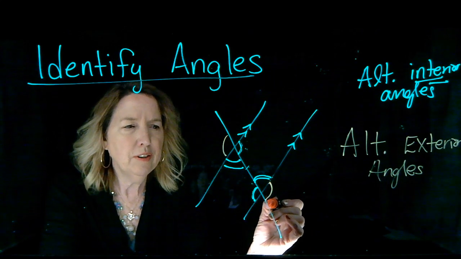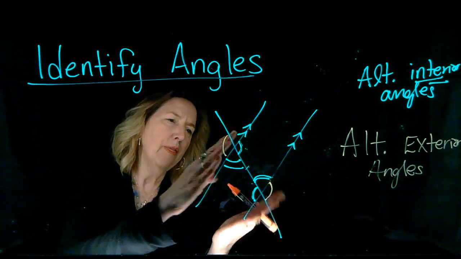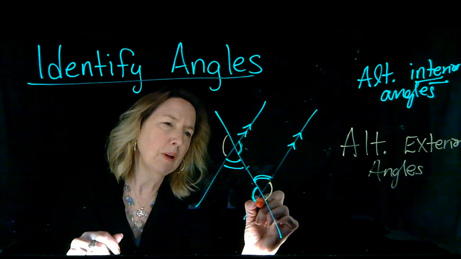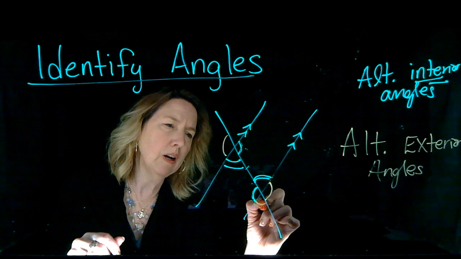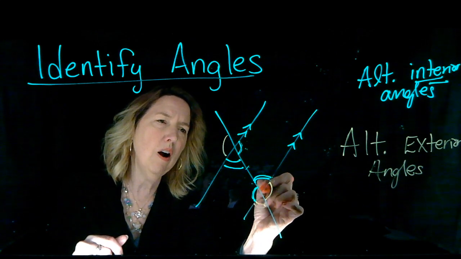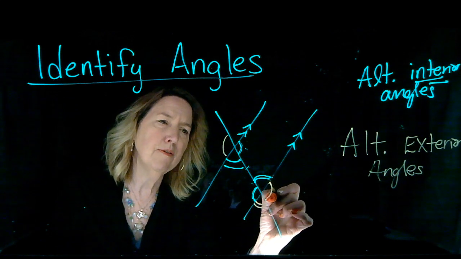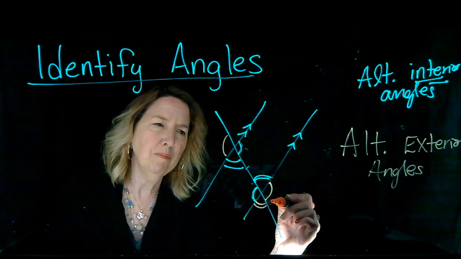Let's look at the angle next to it. That is, again, if these are parallel, that's on the outside. So I'm going to mark it with 2 lines because it is congruent to this one across, that vertical angle, but it is different from the one we just talked about.